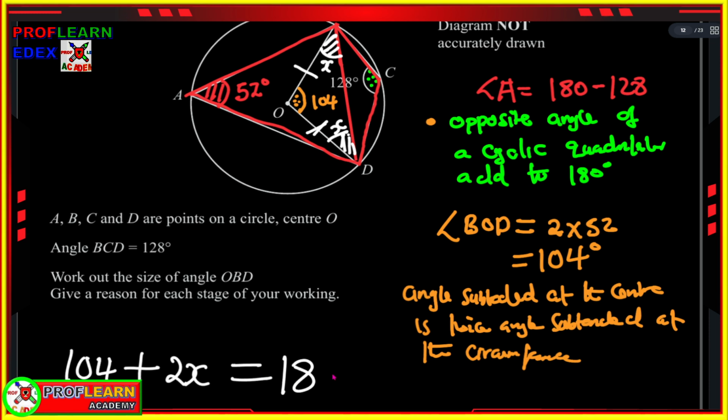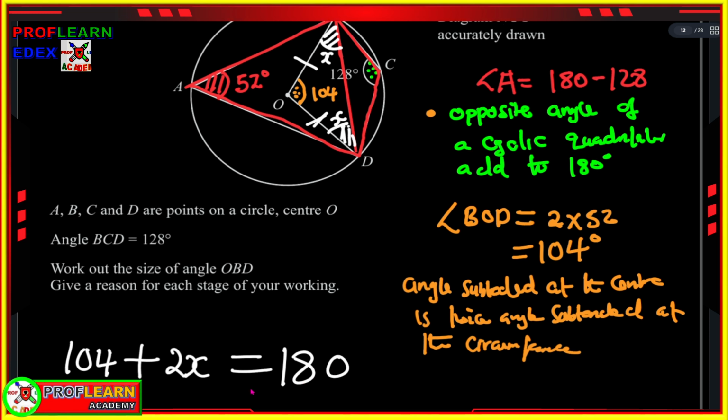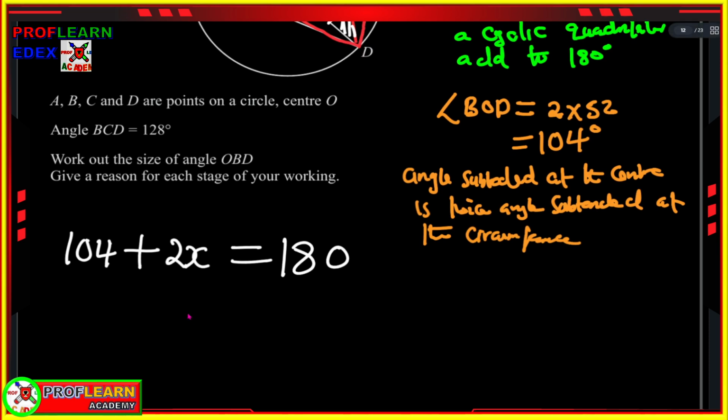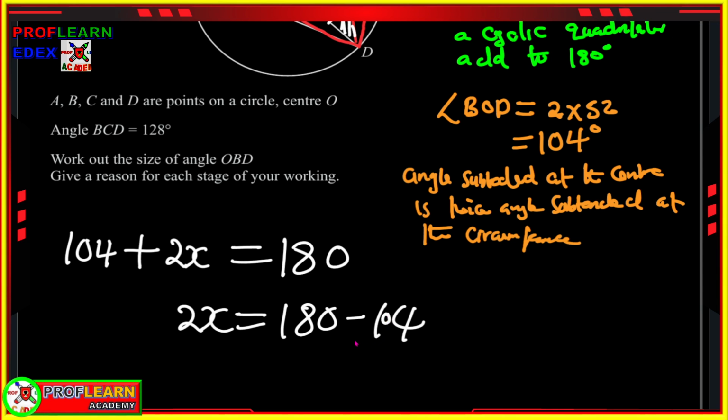So this is going to be 2x is equal to 180 minus 104.